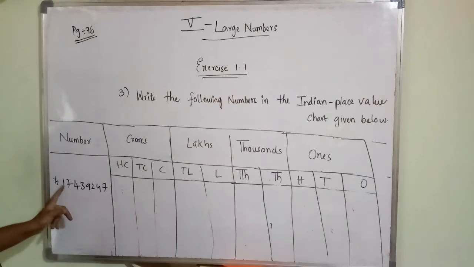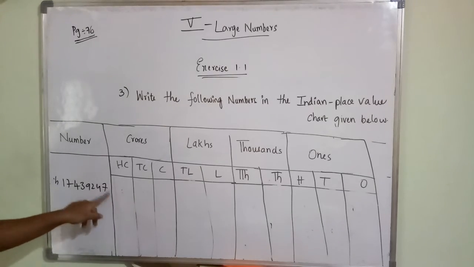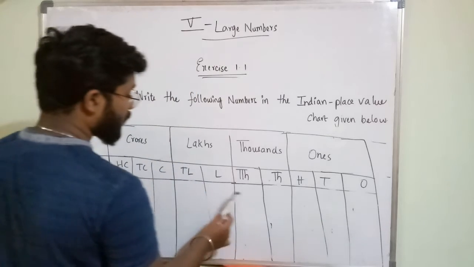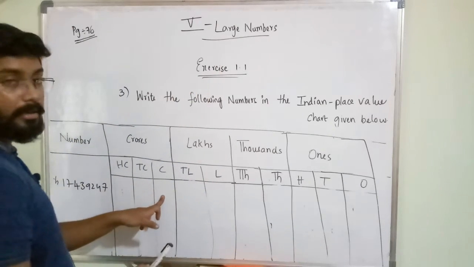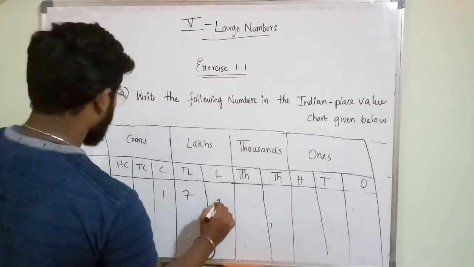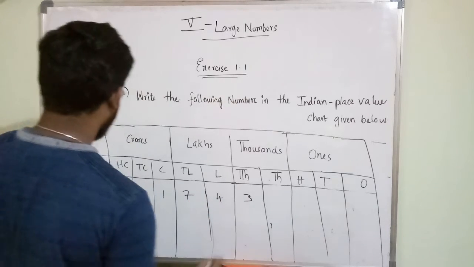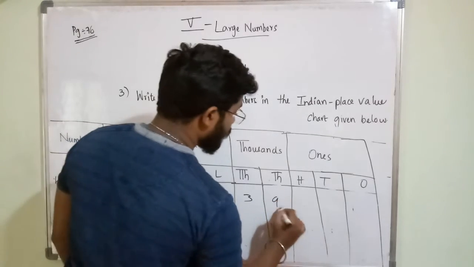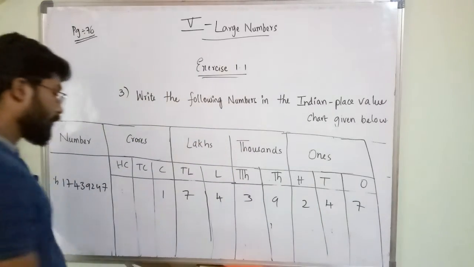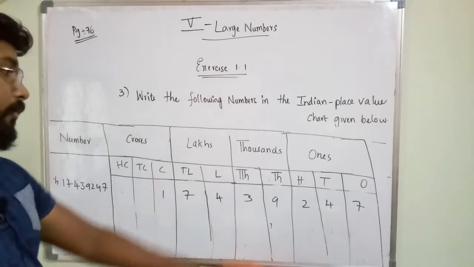So how many digits are there? 1 2 3 4 5 6 7 8. 8 digits are there, no? 1 2 3 4 5 6 7 8. From here you have to start. So 1 7 4 3 9 2 4 7. Okay, 1 7 4 3 9 2 4 7.